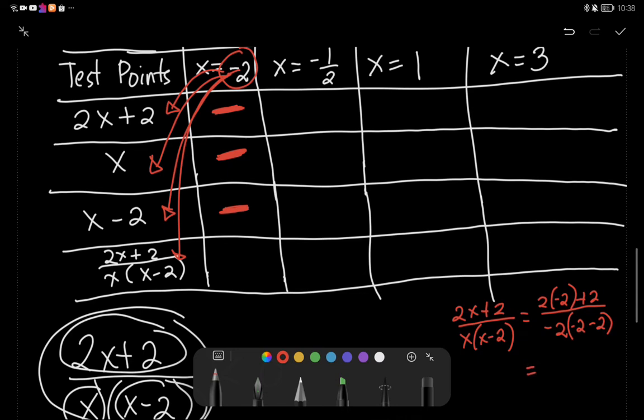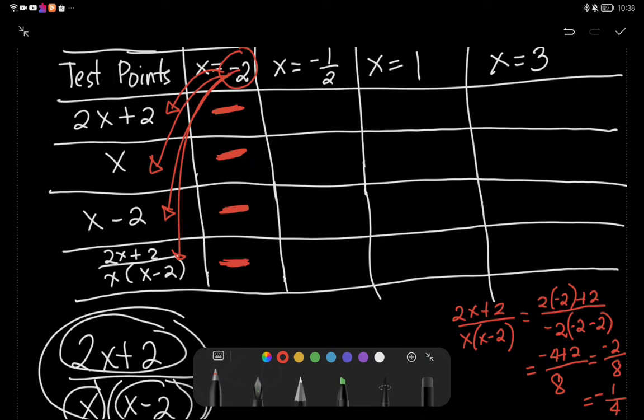That is negative 4 plus 2 over positive 8. That is negative 2 over positive 8. That is negative 1/4. So, the answer here is negative.